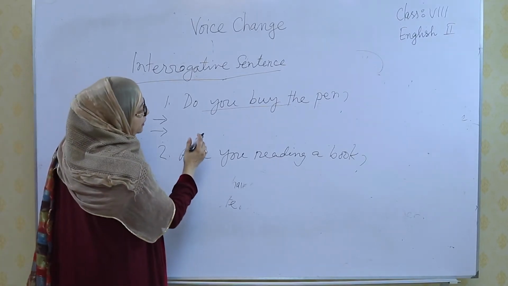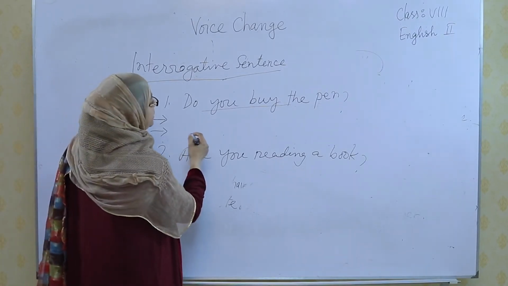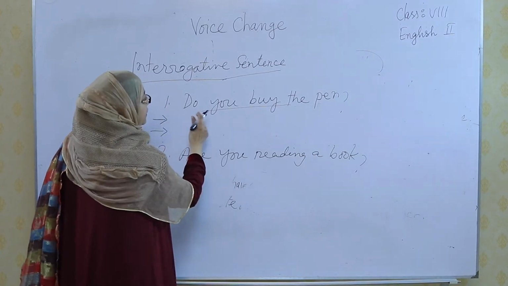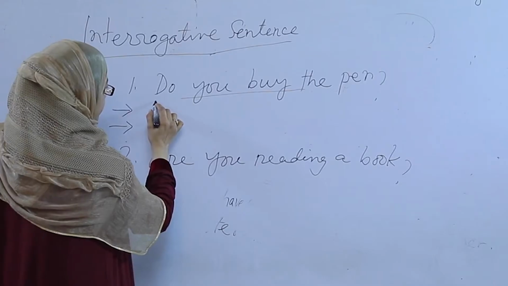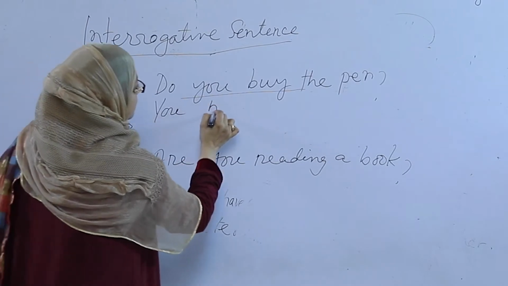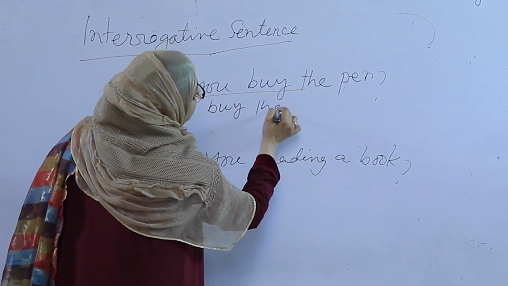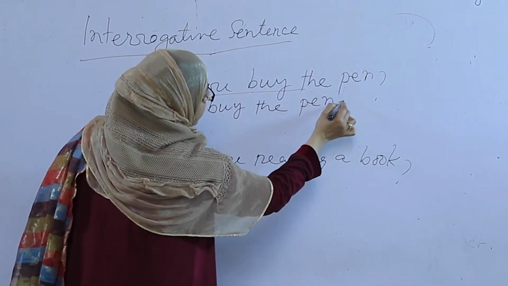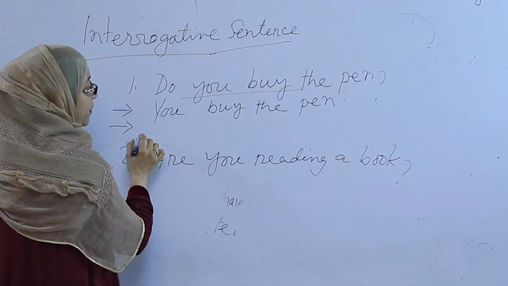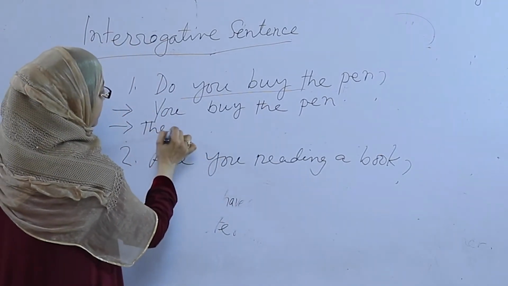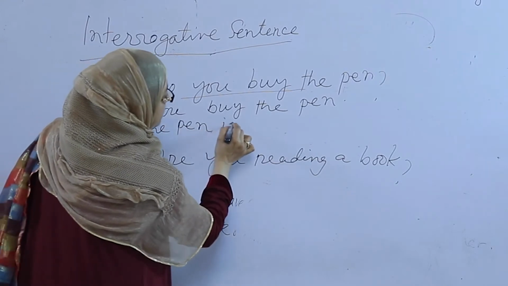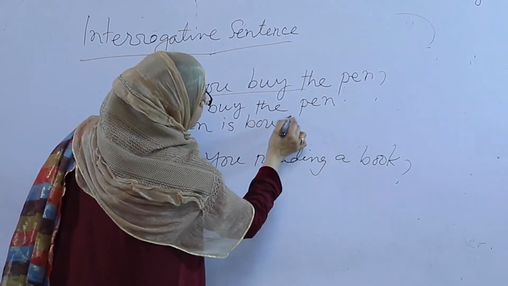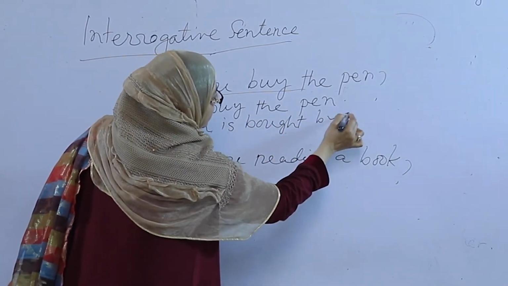So, I change it into an assertive sentence. Do you buy the pen? You buy the pen. And I turn it into passive. The pen is bought by you.